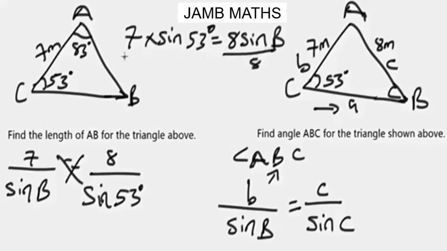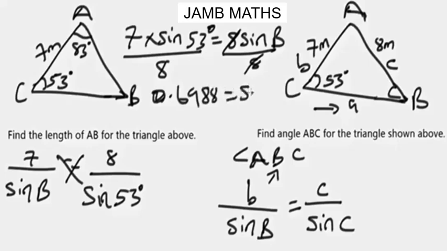Now you firstly divide both sides by 8. This will cancel this. When we punch 7 times sine 53 degrees over 8 on the calculator, we're going to have it to be 0.6988. You keep having recurring decimals, but let's stop at this point.